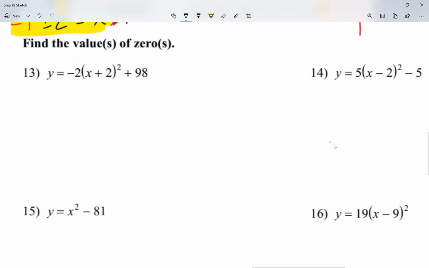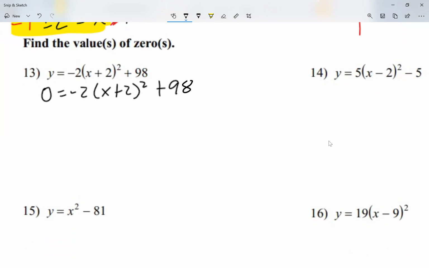So question number 13, let me rewrite this as 0 is equal to negative 2 times the quantity x plus 2 squared plus 98. I could have called it f of x like we did last week, and I would have just said f of x equals 0.